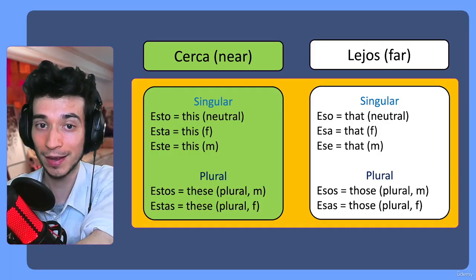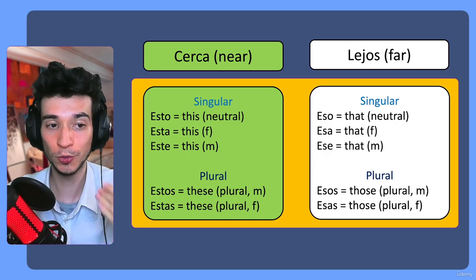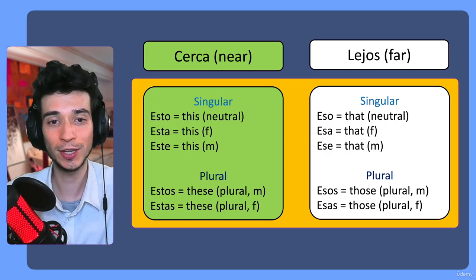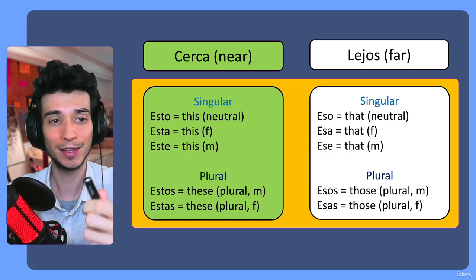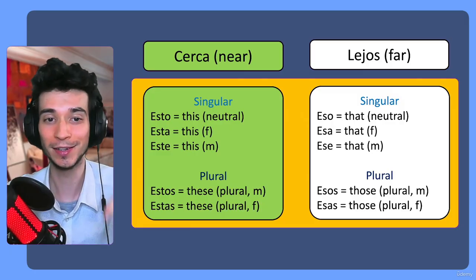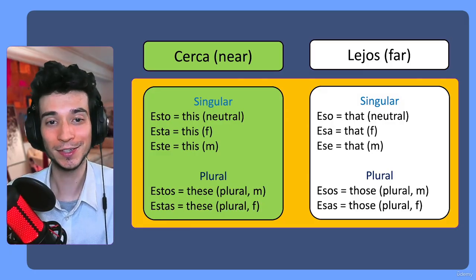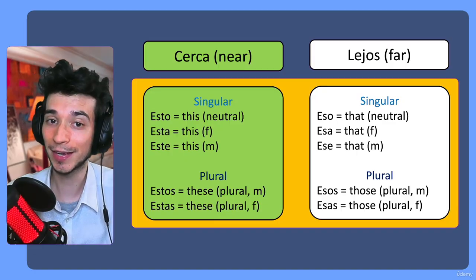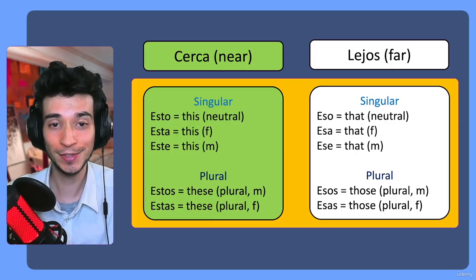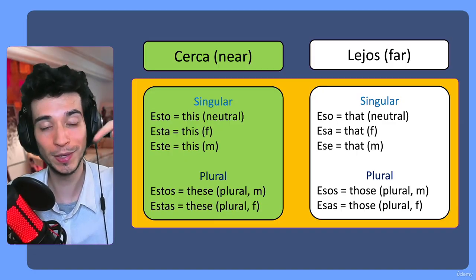So esto is neutral, you don't know what the gender is, or you can just say esto for anything basically. So if you're in doubt, you can just go for esto. But yes, esto neutral, esta female, este masculine, and they all mean this.